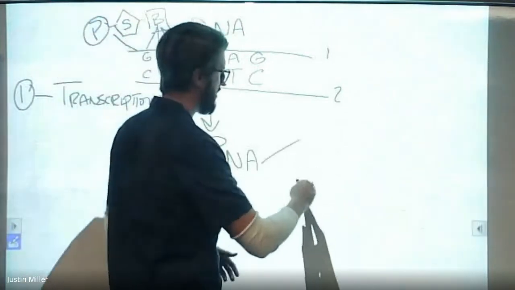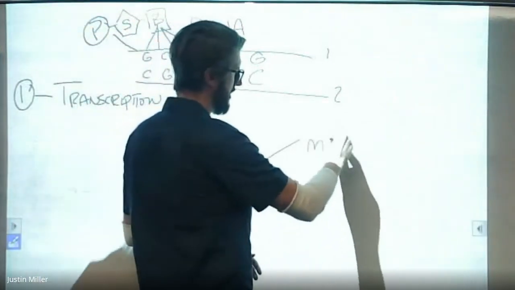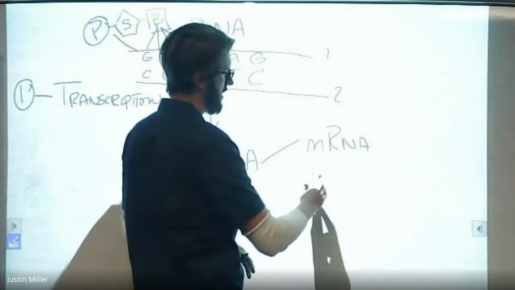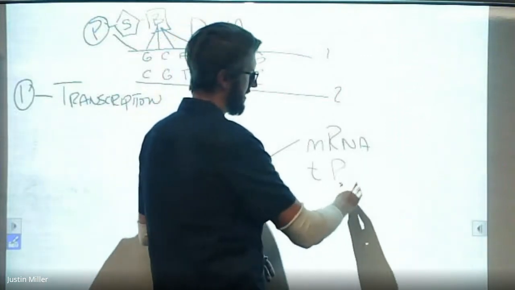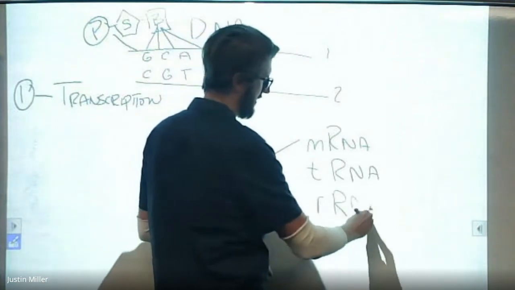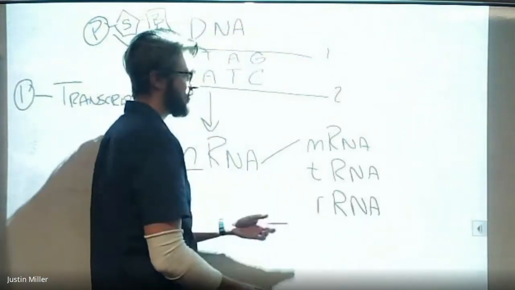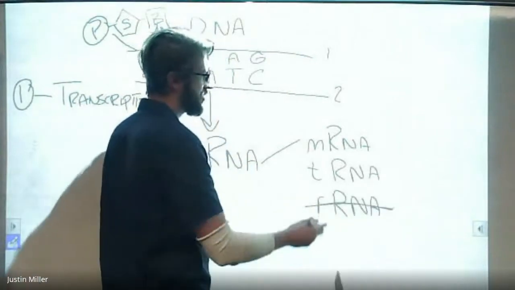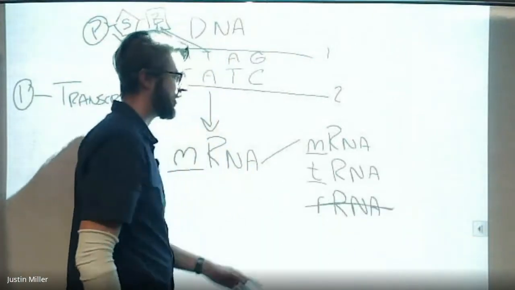There are different kinds of RNA. mRNA is one. There's tRNA. And then there's rRNA. Okay. Now we're not going to talk about rRNA. We're just going to talk about m and t.